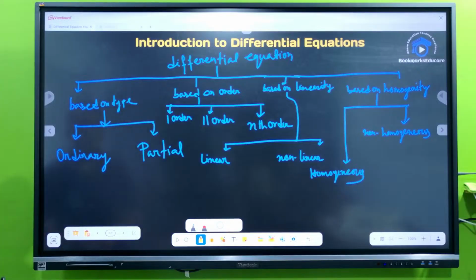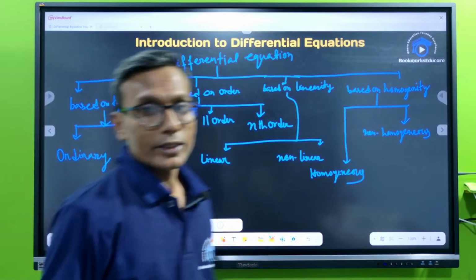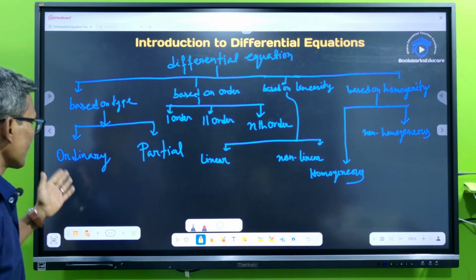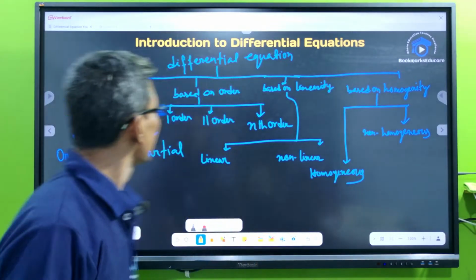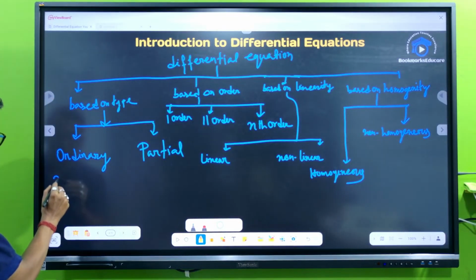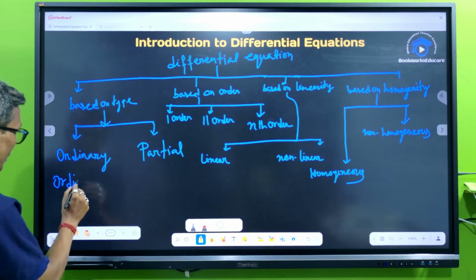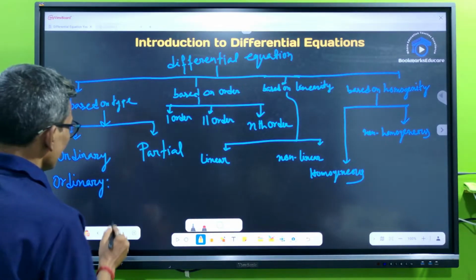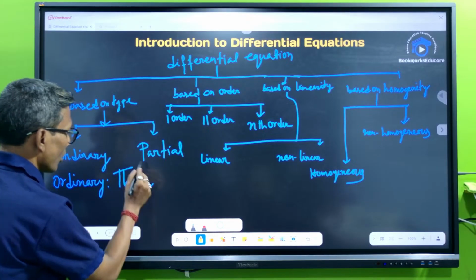Now we'll discuss ordinary differential equation and partial differential equation, which is based on types.